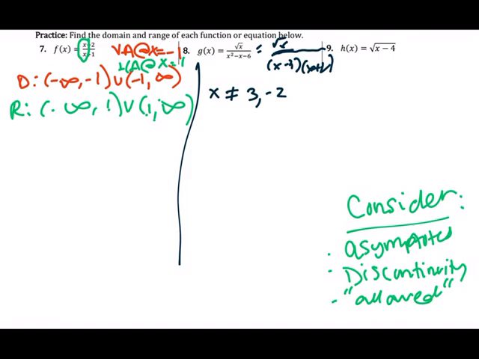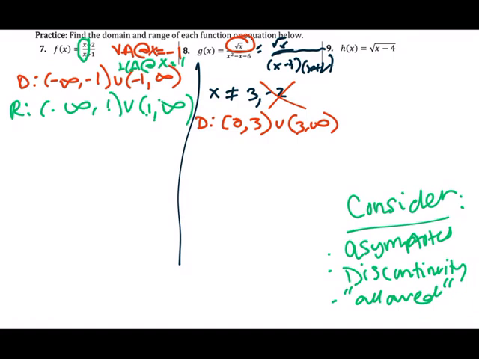What else do I notice about x values here? Well, based on this numerator, I'm not allowed to plug in anything negative, so this value kind of doesn't matter because I already can't plug in a negative number. So the lowest my x can ever go for my domain is 0. It goes up to 3, but it doesn't include 3 because if I plugged in 3, the denominator would be 0. And then it goes from 3 up to infinity.